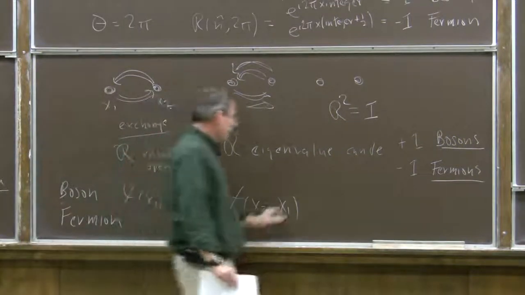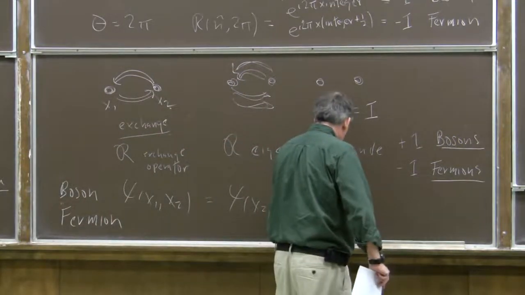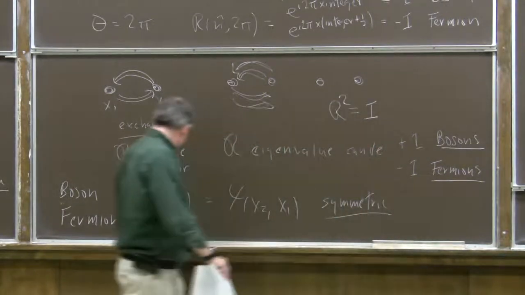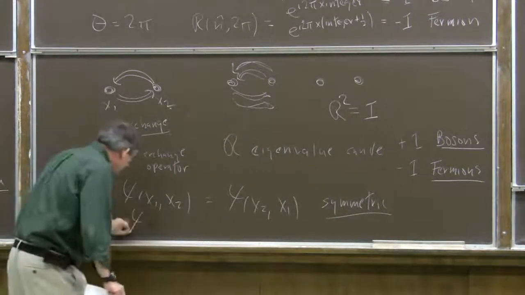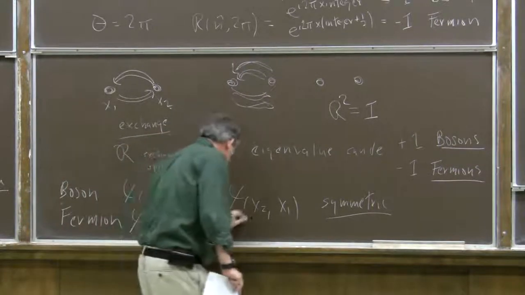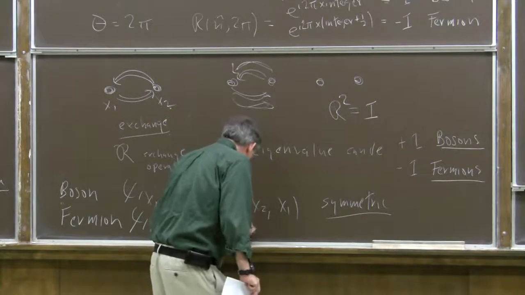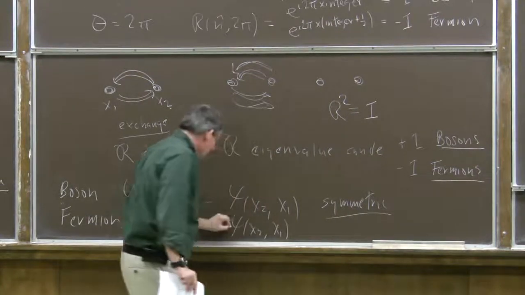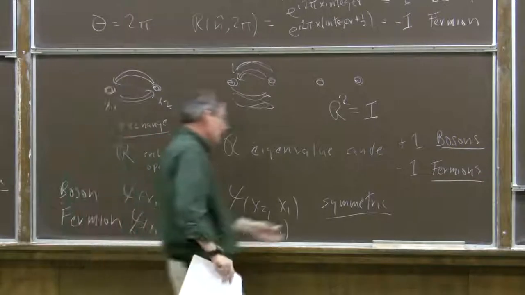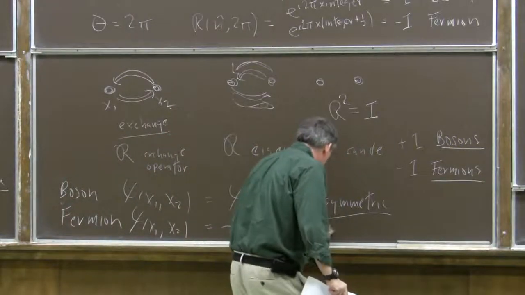So we say in that case it's a symmetric wave function, symmetric under exchange of the 2 particles. If it's a fermion, if I swap the positions of the 2 particles, it doesn't leave the wave function invariant, it changes its sign. So it has to be an antisymmetric function of the positions x1 and x2, antisymmetric under exchange.